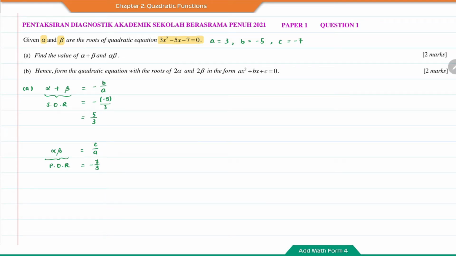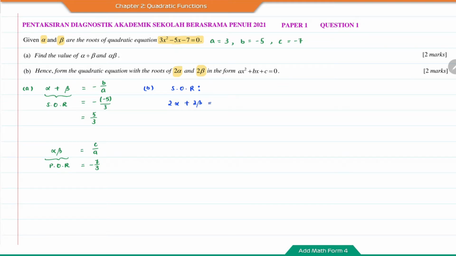That is for question A. Now move to question B. We want to form a quadratic equation with the roots of 2 alpha and 2 beta. First, we want to find the sum of roots. The sum of roots means 2 alpha plus 2 beta.